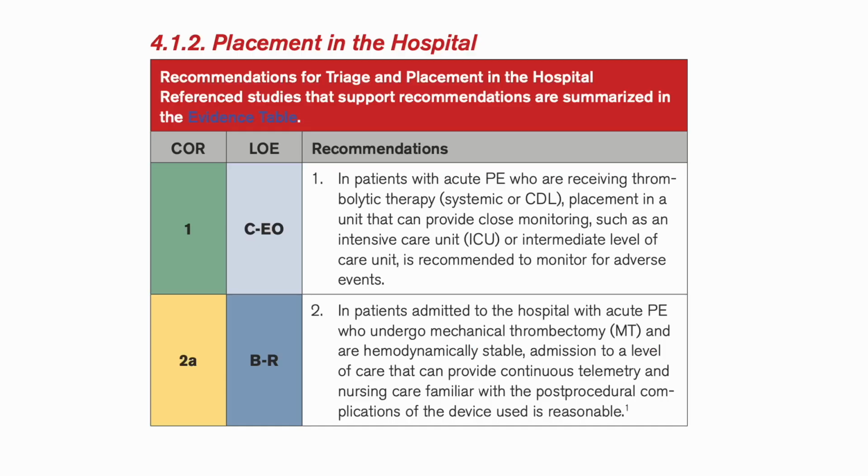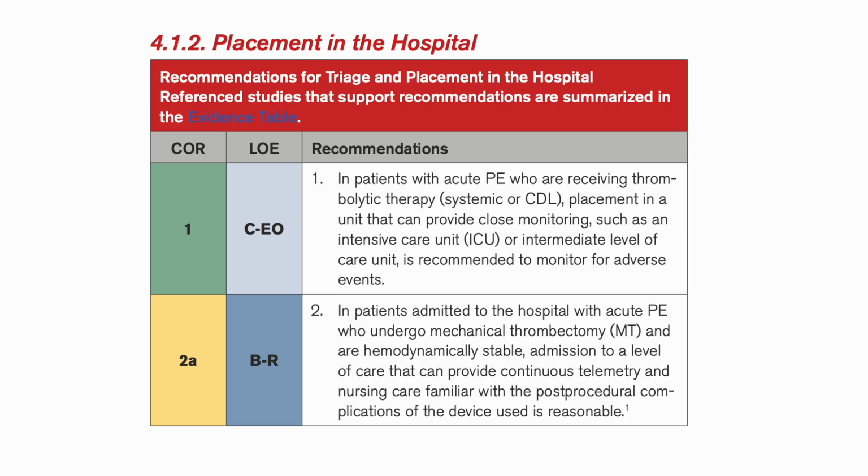So, placement in the hospital, the recommendation grade 1 is that if your patient is receiving thrombolytic therapy, whether systemic or catheter directed, you would want to place them in a unit which can do close monitoring. So, definitely an ICU or an HDU. And grade 2, in patients who are admitted and undergo mechanical thrombectomy and are hemodynamically stable, you can admit them even in a level of care that can provide continuous telemetry and nursing care familiar with post procedure complications of the device.